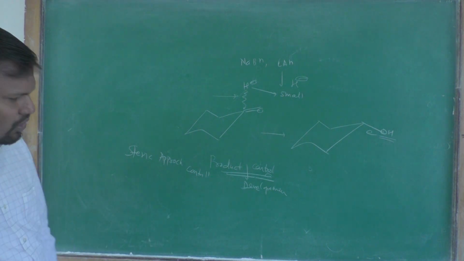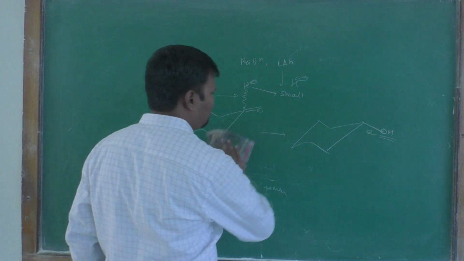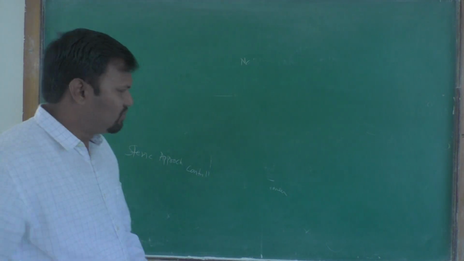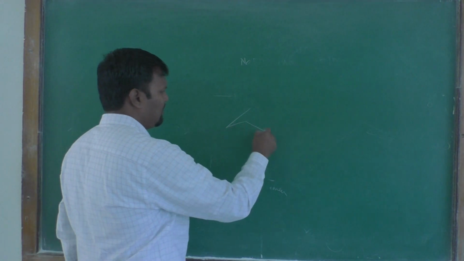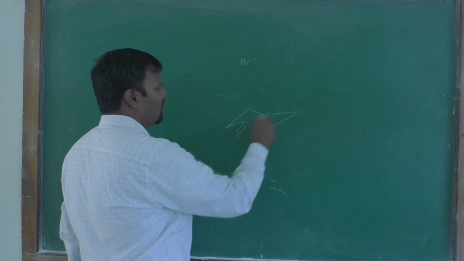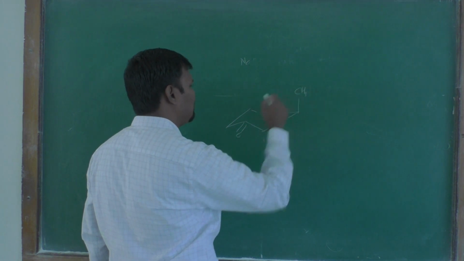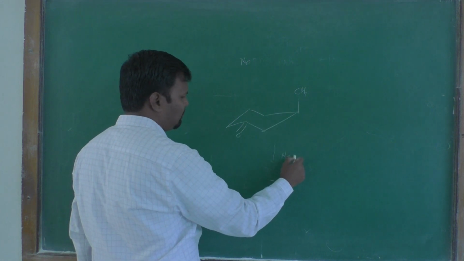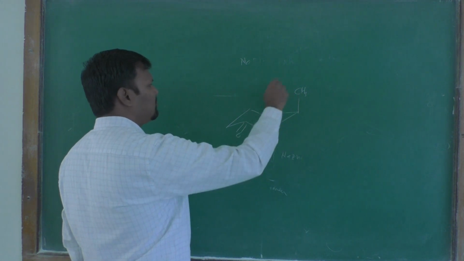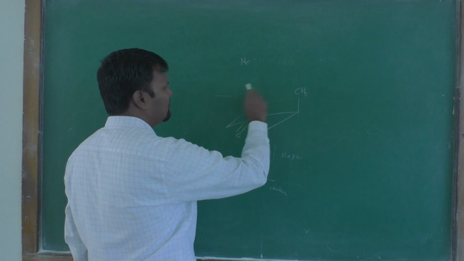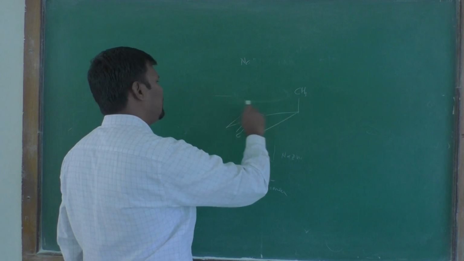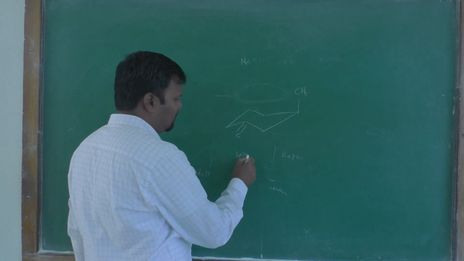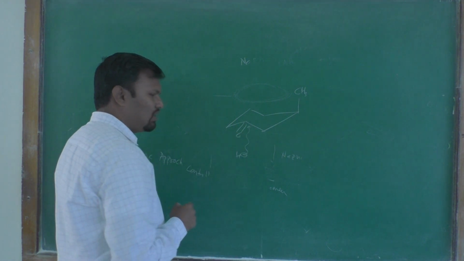If we have a ketosteroid, steroid means a number of rings are there. Suppose we just take one ring, and CH3 is at the axial position. When you add NaBH4 or LAH, due to the CH3 steric crowding is created, therefore your H minus will come from the equatorial side.